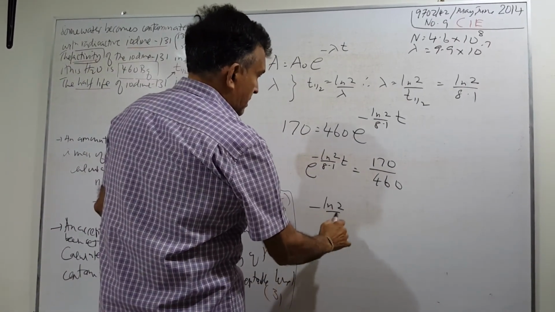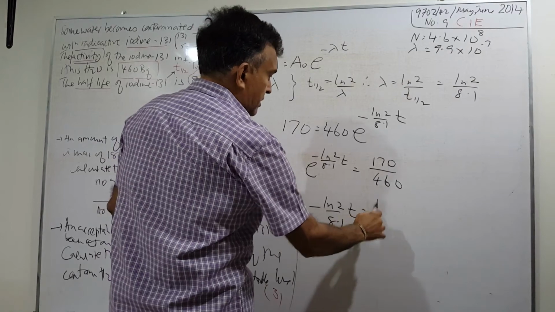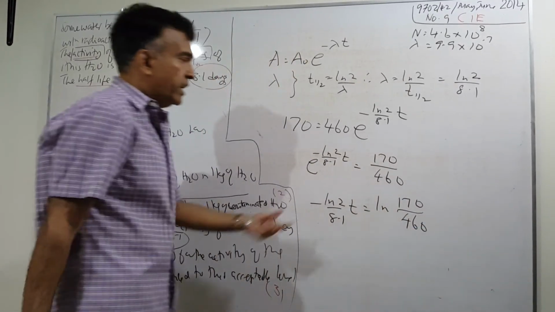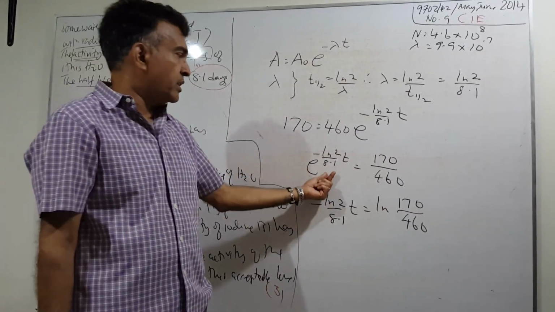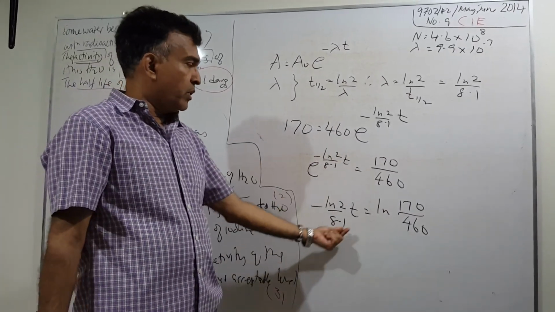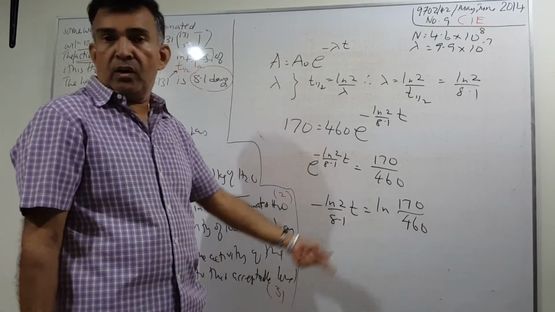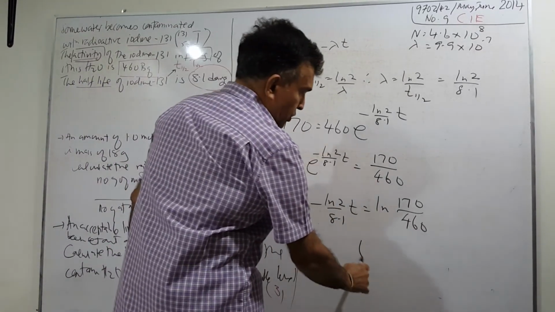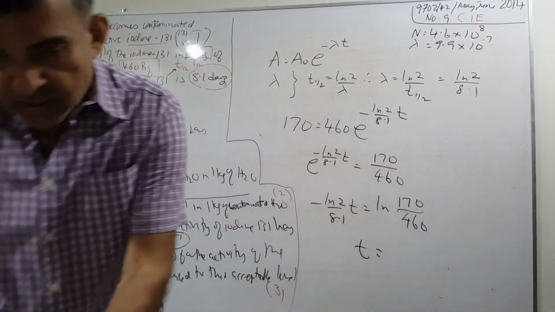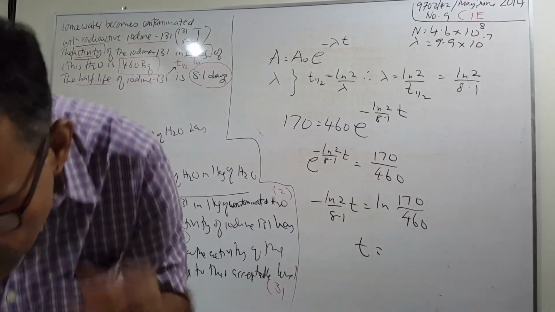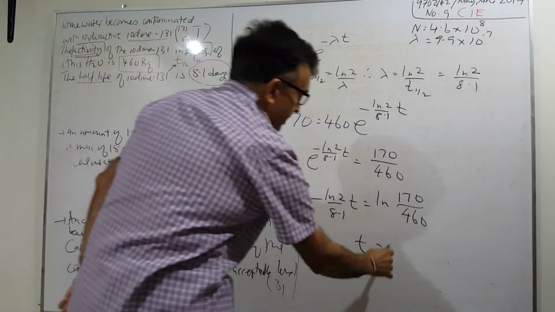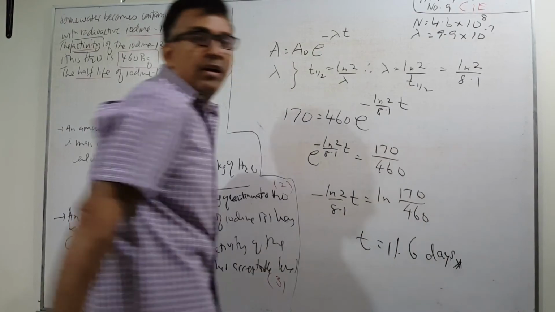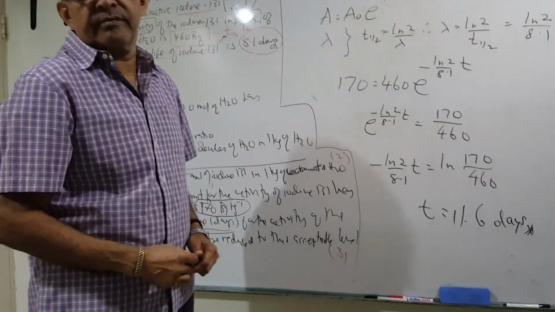Take logs to both sides and you'll get minus ln 2 over 8.1 times t equals ln of 170 over 460. Use a calculator and you'll get t equals 11.6 days. Okay, and we're done.